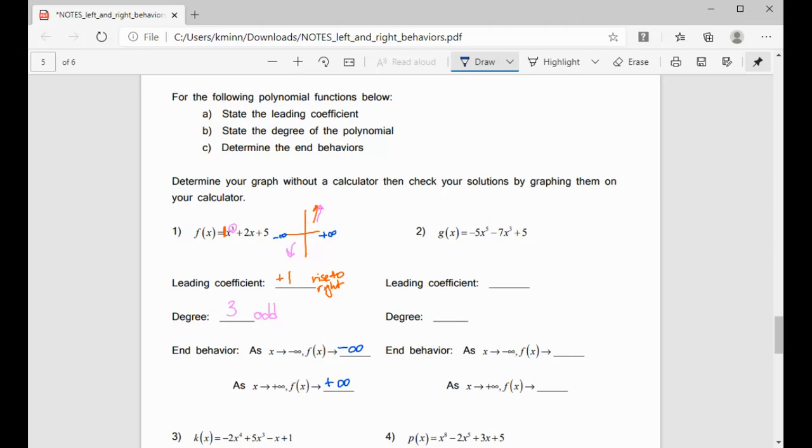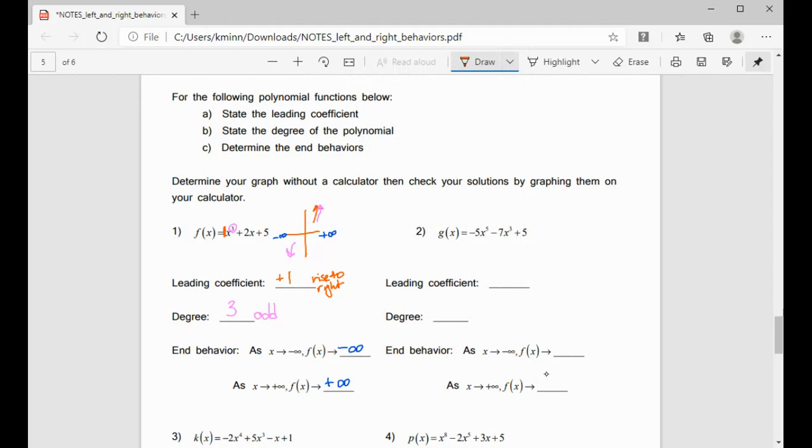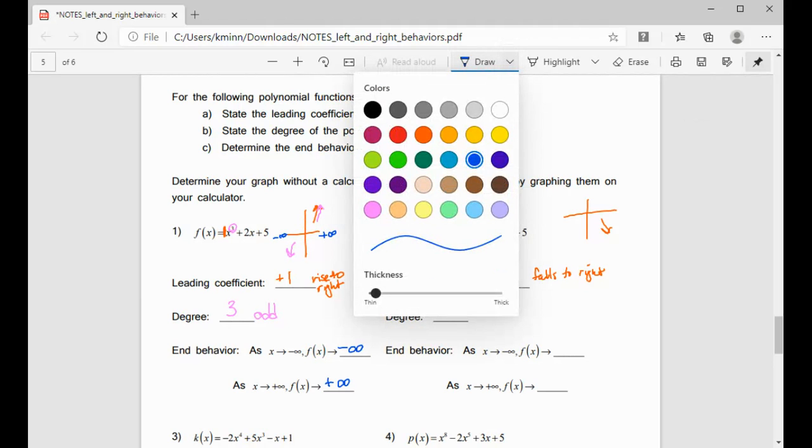In number 2, we have a lead coefficient this time of negative 5. Since it is negative, this means that it falls to the right. And what does that look like? That means on the right-hand side, this is going down. The degree of our polynomial is equal to 5.